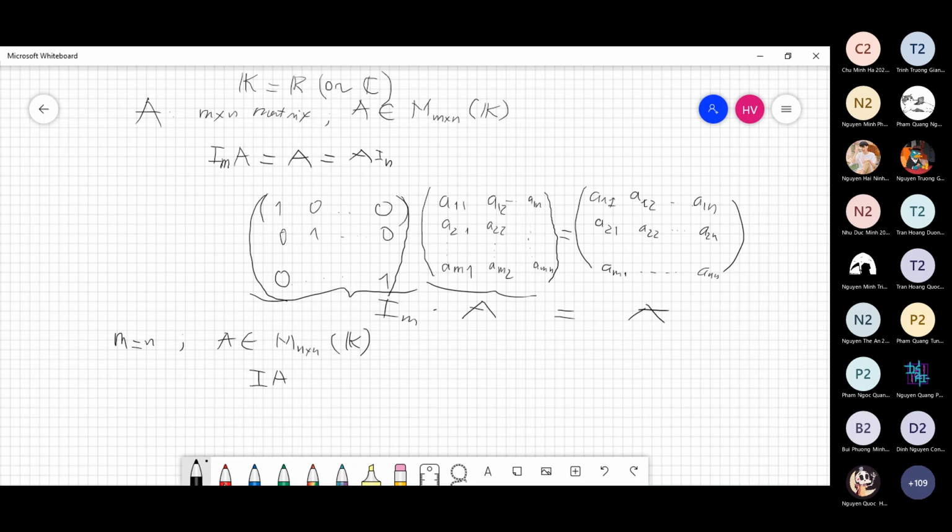There is only one n here, so we don't have to write it anymore. And therefore this I plays the role exactly of the multiplicative identity: I multiply A equals A multiply I equals A. So this is where the name identity comes from.